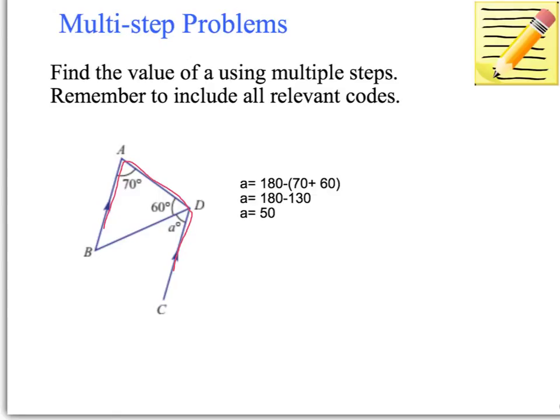So that means that this 70 degrees, the 60 degrees, and whatever A is, will all add to 180, because it's co-interior. That's why we're writing the co-interior symbol. Whoops, that was a pretty bad arrow there.